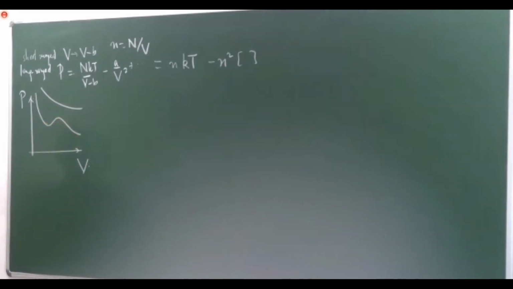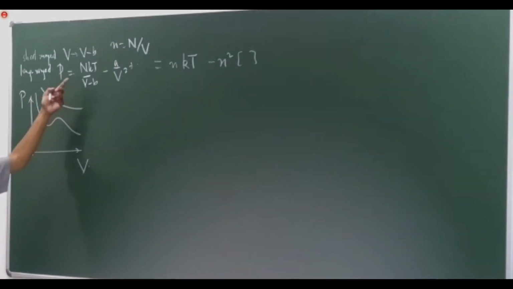The PV curve becomes like this. As you can see, there is going to be a region where del P del V equal to 0 is a possibility. And here are the points where del P del V equals 0.